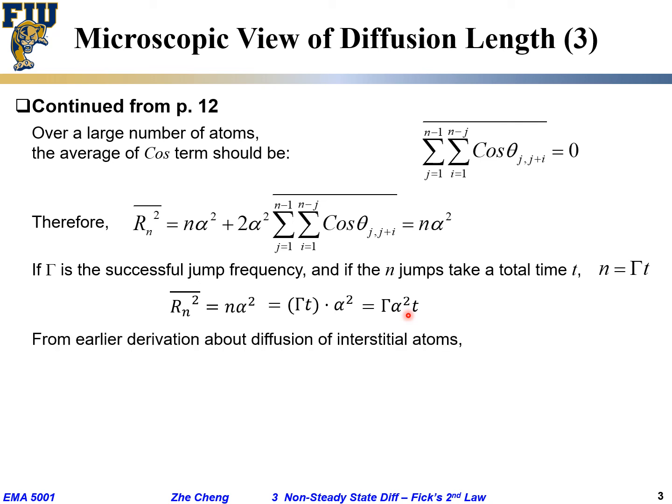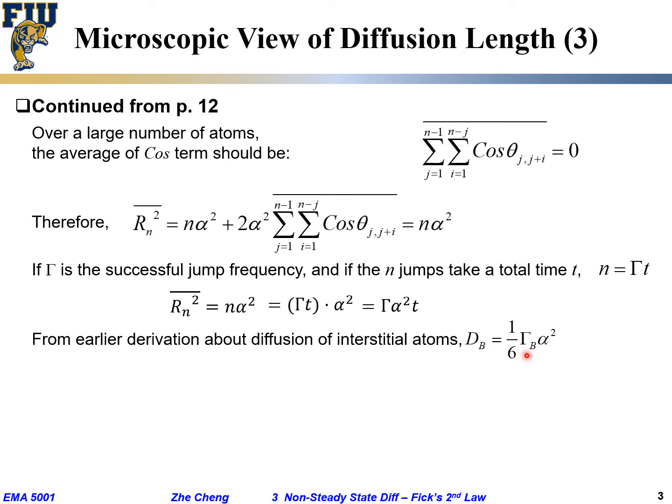And then from earlier, for interstitial diffusion, remember we mentioned the diffusion coefficient is a function of successful jumping frequency and jumping distance, right?